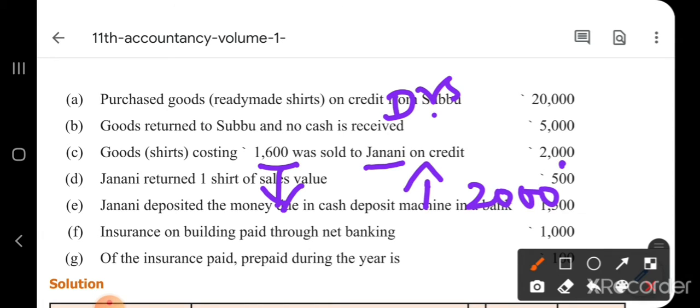The actual cost of goods is 1,600 and you are selling it for 2,000. That means the difference, 2,000 minus 1,600, 400 is the profit. That profit is a revenue. You have to add it with the capital. So in stock you will reduce 1,600, in debtors you will increase 2,000, and in capital you will add 400.